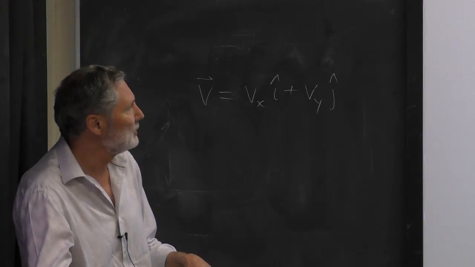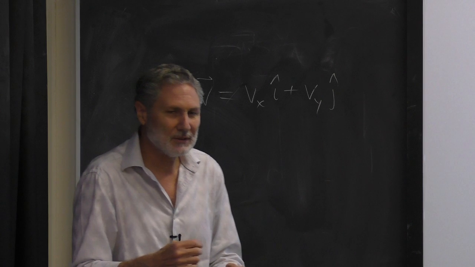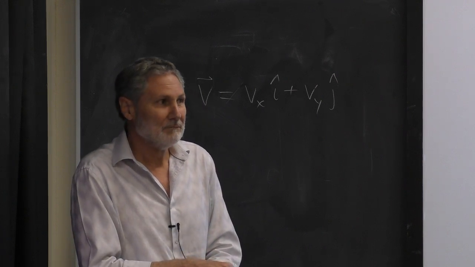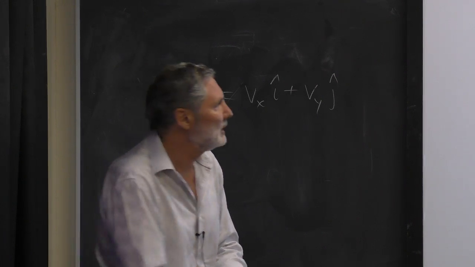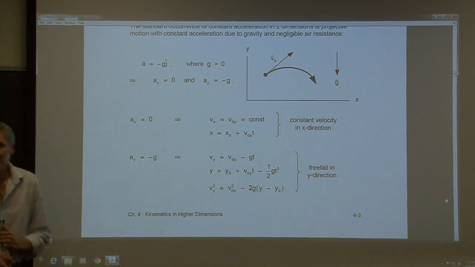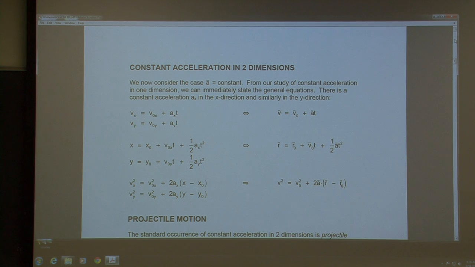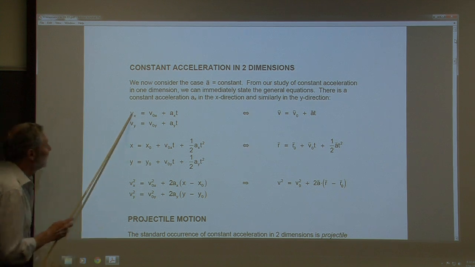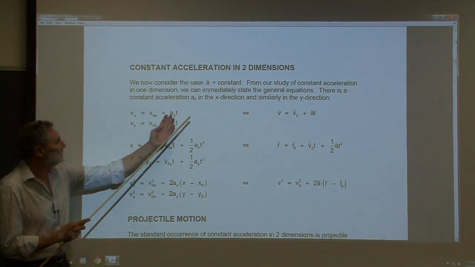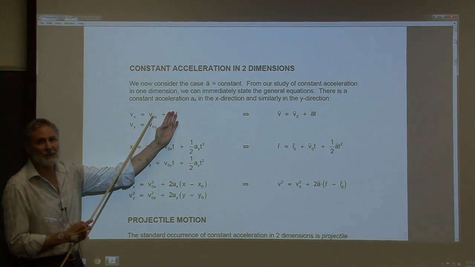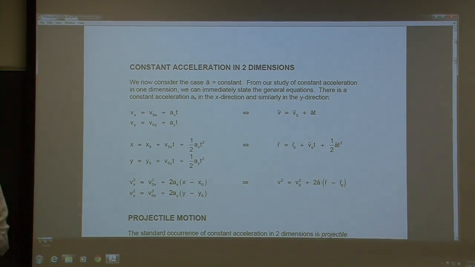Okay, so what does that mean? What's the x motion going to look like? If there's no acceleration in the x direction, it's just going to be constant x velocity. This is obvious, I think, but if you feel funny about it, you can go back and look at this equation. When a_x is equal to 0, the x velocity is constant.